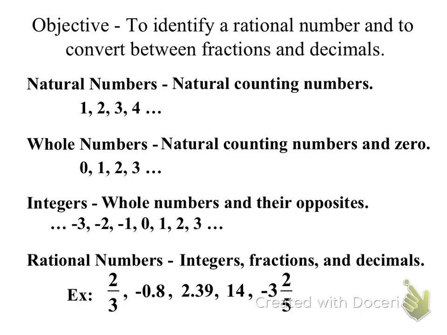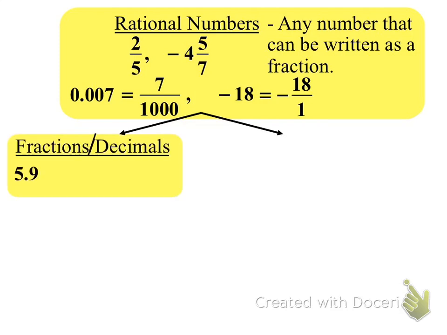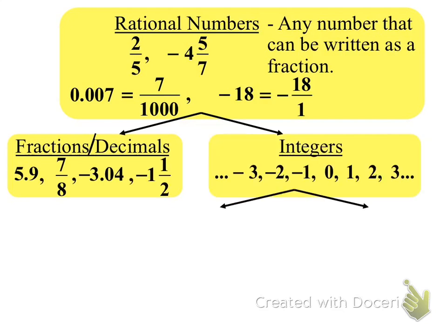Okay, so now, I'm going to kind of skip over this. Any number that can be written as a fraction. The fancy way they say that is any number that can be written as a quotient of two numbers. A ratio of two numbers. Those are just other ways to say fraction. So what did I say a fancy way to say fraction is?